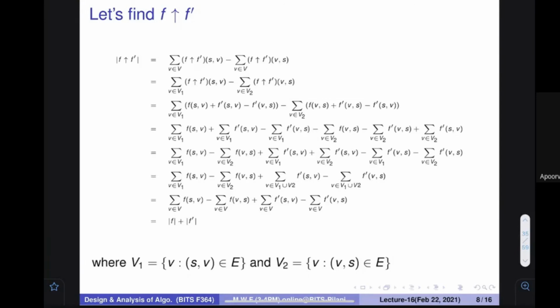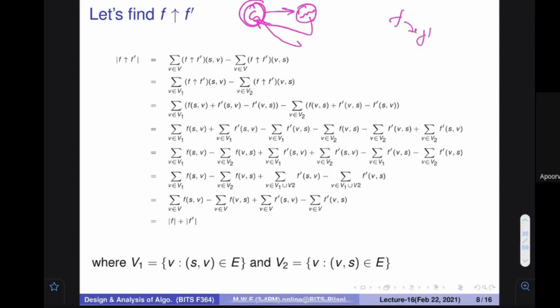So you may think like this: if you have a graph, you have created the residual network. In the residual network, you find a path, and you augment over here. So in your graph, if the flow was F, it becomes F dash.